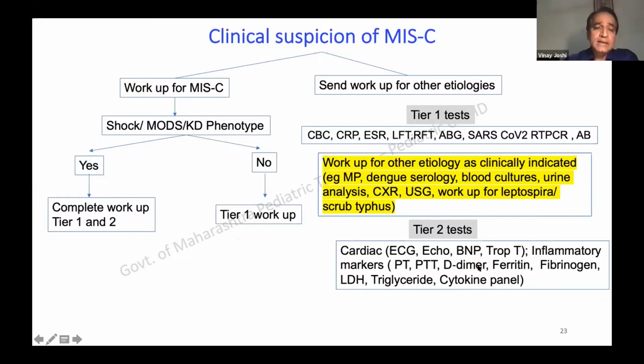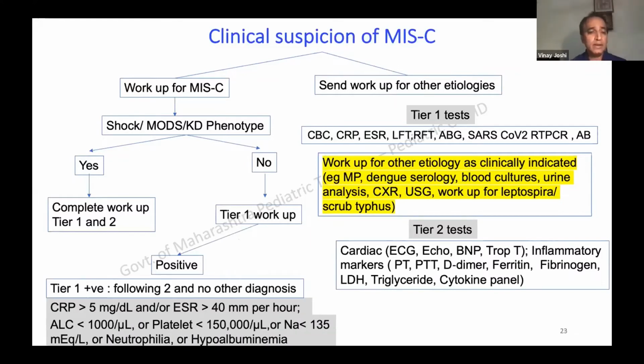If the child doesn't have severe MISC or is not severely sick, then you just do the tier 1 workup. When we say the tier 1 workup is positive, it has to have two of these features: CRP more than 5 milligram, ESR more than 40, ALC less than 1,000, platelet count less than 1.5 lakhs, serum sodium less than 135, neutrophilia or hypoalbuminemia.